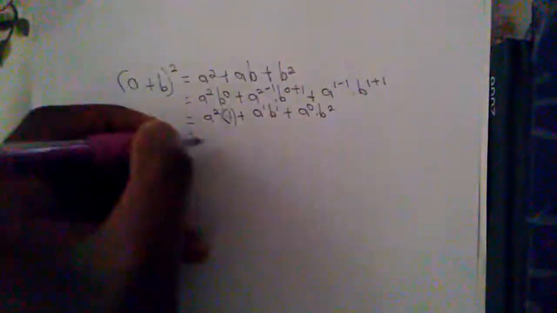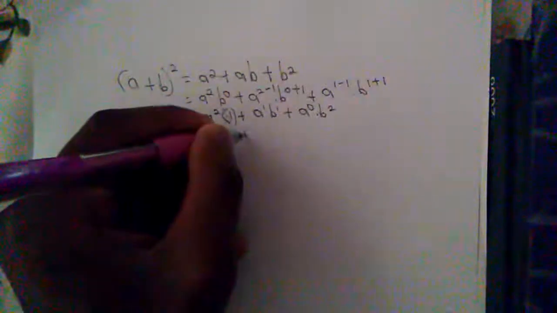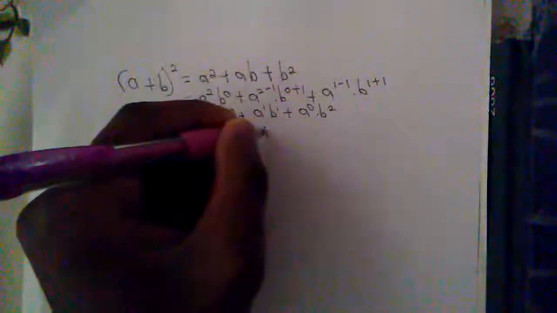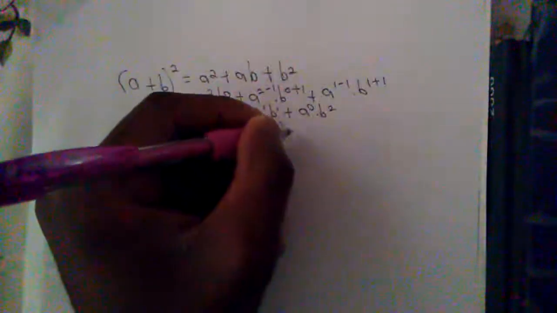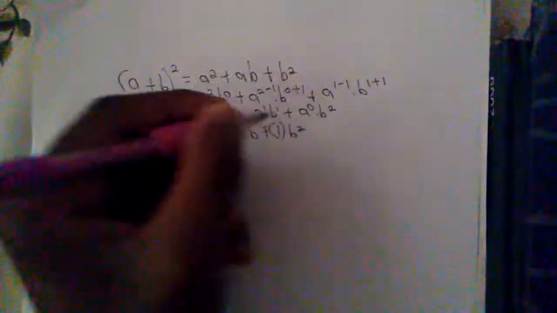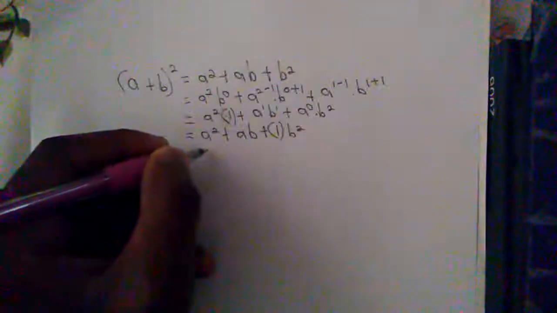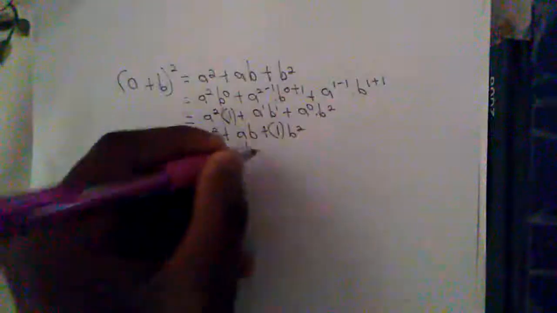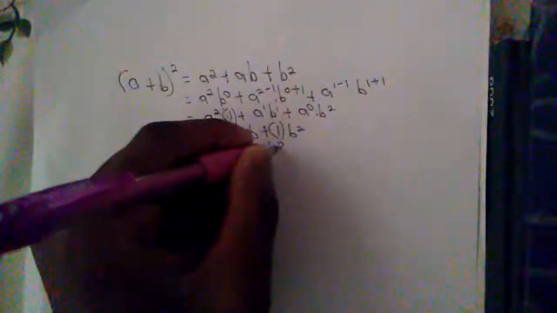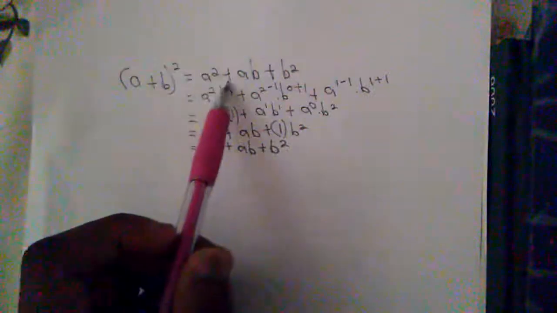So then it will equal a squared plus ab plus, well, a to the power 0 is going to equal 1, and from there we'll get b squared. So it equals a squared plus ab plus b squared.